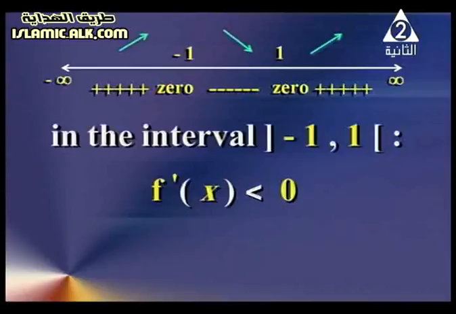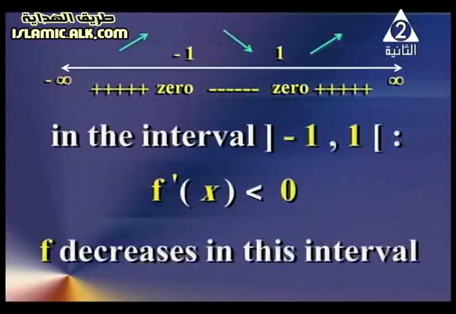Then the function in the interval negative 1 to 1 decreases. Why? Because f dash x is smaller than 0. Take x belonging to the open interval negative 1 and 1 and substitute into f dash x. We find f dash x smaller than 0, or negative, so f decreases in this interval.